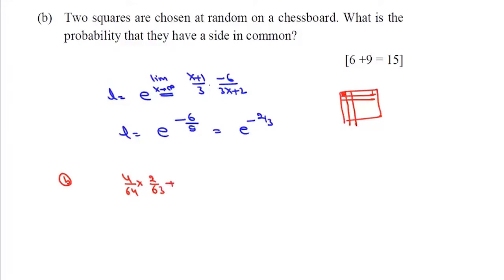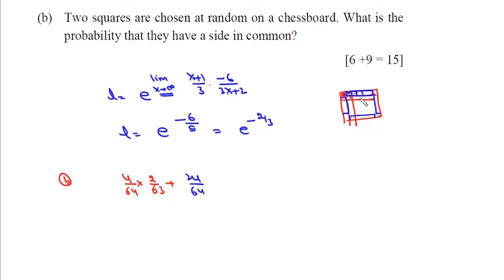Now next we have the squares which are on the edges, but other than corner squares. Now we have 6 here. We'll have 6 on this side, 6 on this side, and 6 on this other side. So in all, there will be 24 such squares. The probability of choosing any one square from these 24 squares is 24 by 64. Now for each of these squares, we have 3 neighbors, 1, 2, and 3.